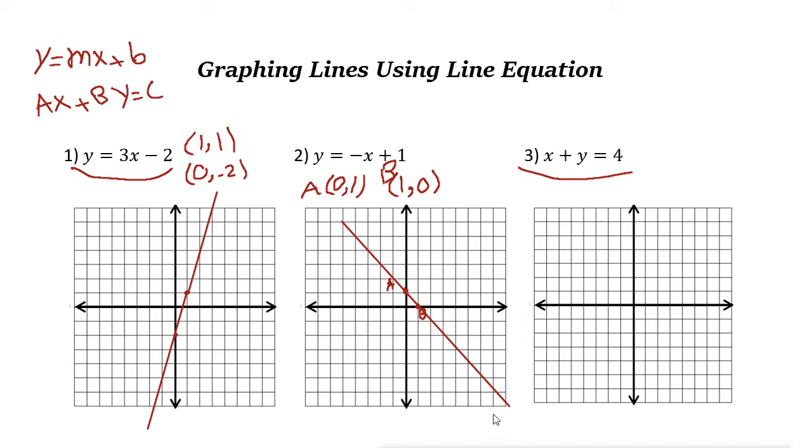So this line is y equals negative x plus 1. You can see that the line has a negative slope, so it goes down from left to right.